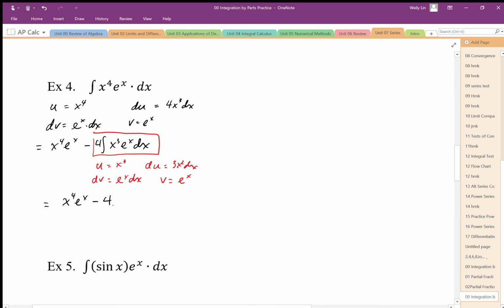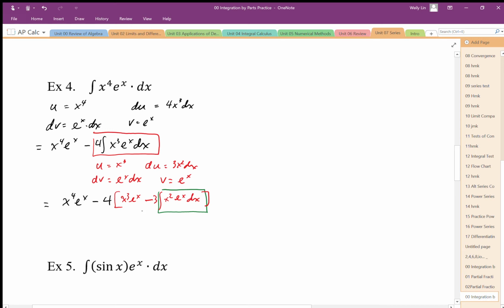So I'm going to have uv, so it's going to be x cubed e to the x minus, that's a minus minus, so we have to watch our signs now, the integral of 3x squared e to the x dx. And then again I have this integral here, which is a little bit easier to work on, so I'm going to reapply this again.